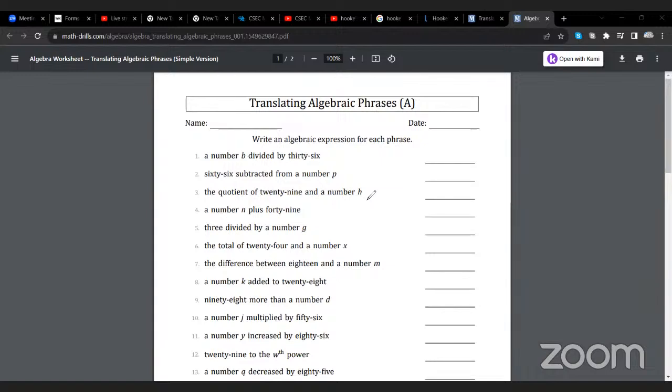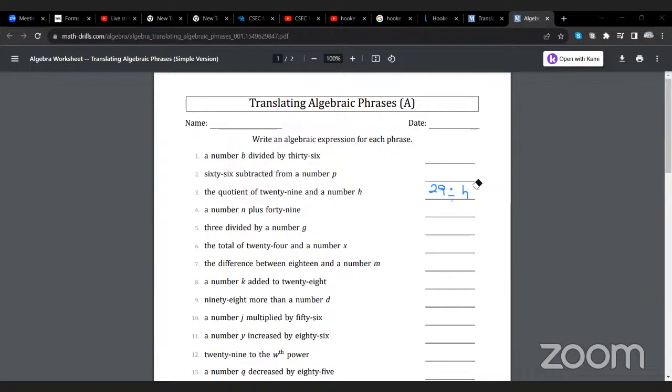Quotient means to divide. So 29 divided by a number h. They can also say 29, division sign, a number h. Good. All right, let's go.